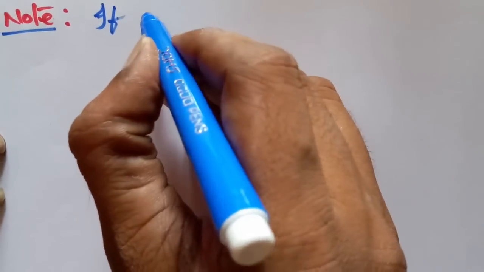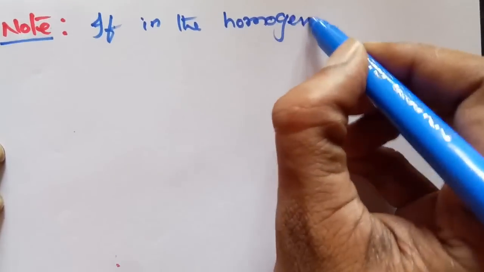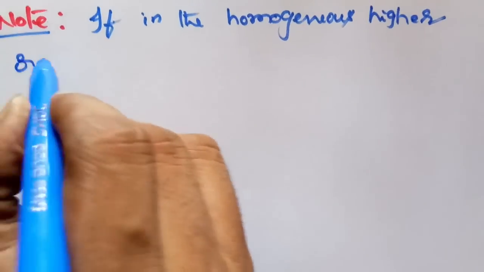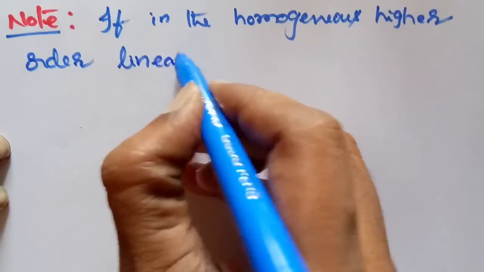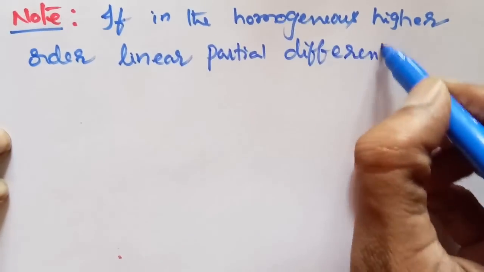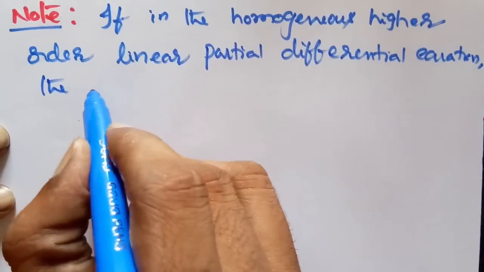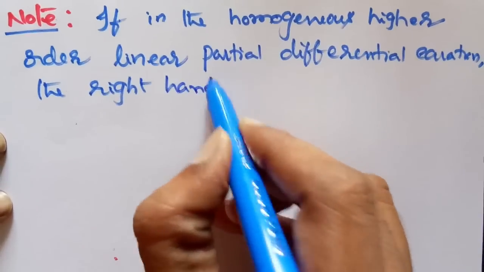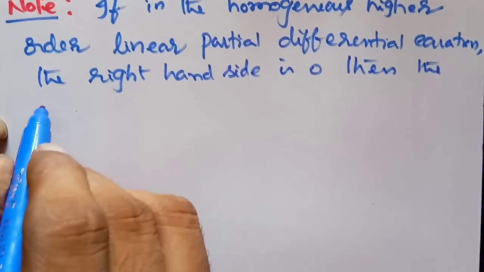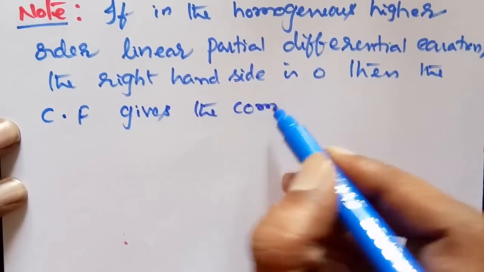Therefore, next note. In a homogeneous higher order linear partial differential equation, if the right hand side is 0, then the complementary function gives the complete solution.